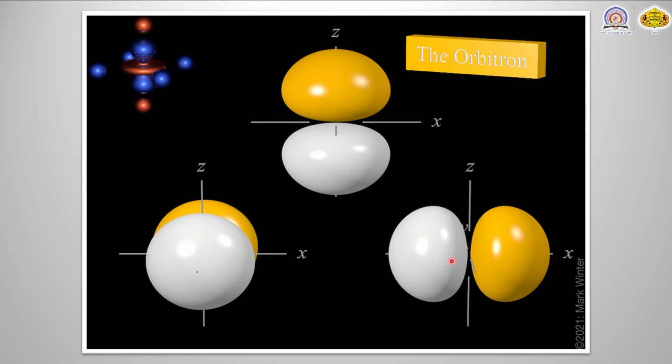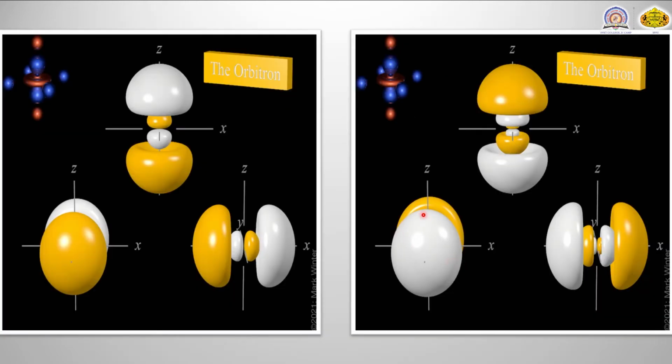So for the number of nodes for the p orbital, we know that the p orbital starts from 2p. In the previous slide we have seen that orbital, it is 2p orbital. So this is the 3p orbital. In that 3p, we need to calculate the number of nodes. So for p the L value is 1.